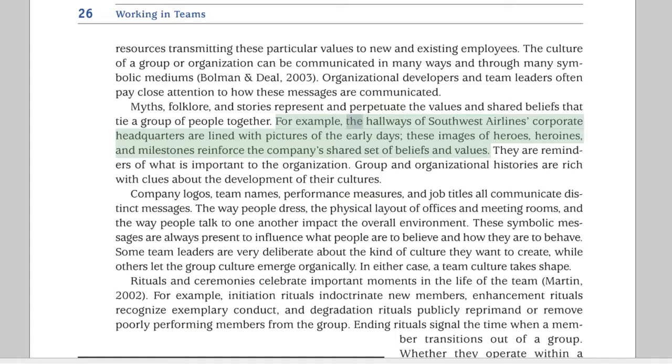For example, the hallways of Southwest Airlines corporate headquarters are lined with pictures of the early days. These images of heroes, heroines, and milestones reinforce the company's shared set of beliefs and values. They are reminders of what is important to the organization. Group and organizational histories are rich with clues about the development of their cultures.